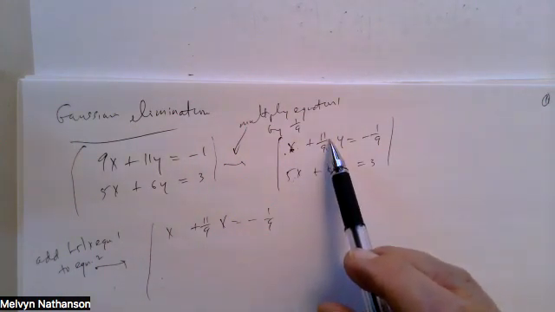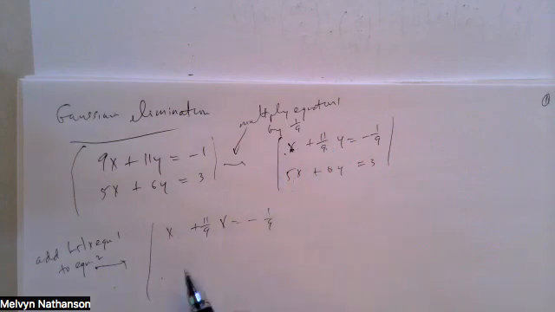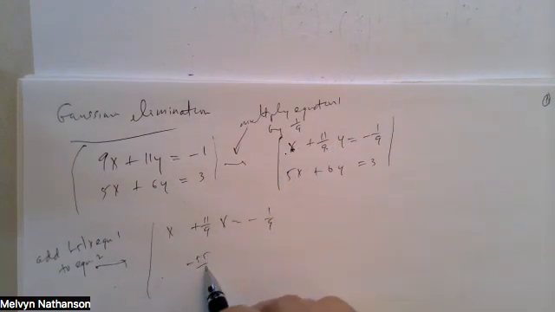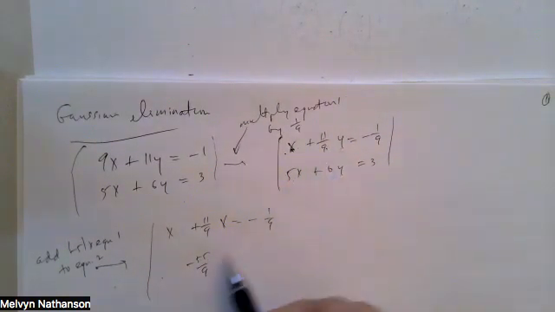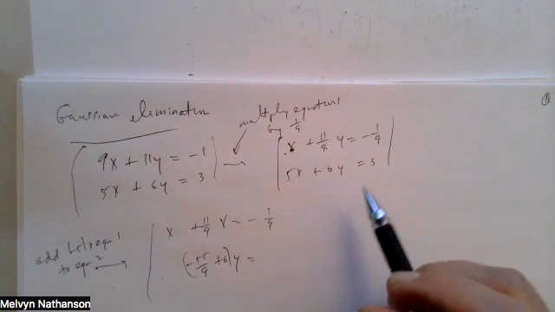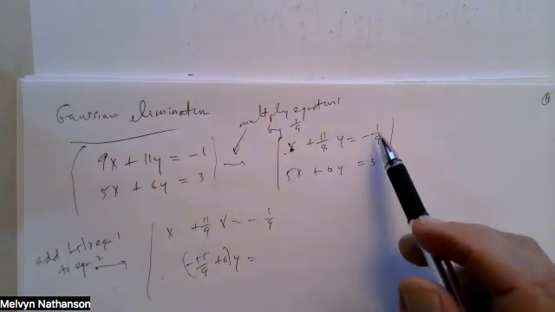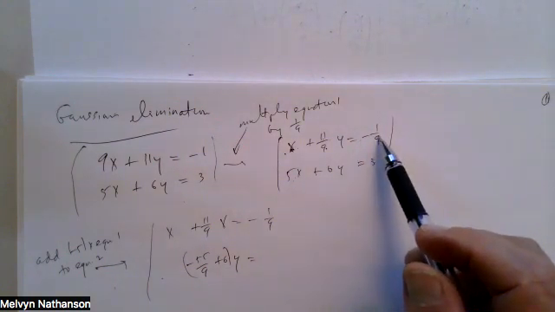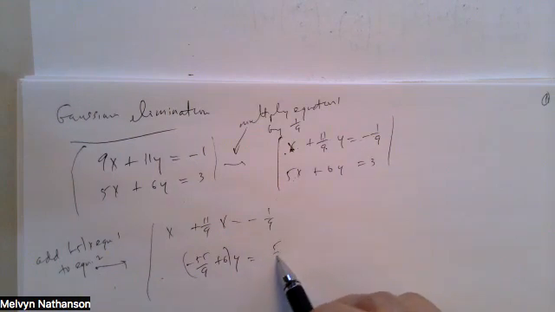Minus 5 times 11 over 9y, that's minus 55 over 9y, plus 6y equals, let's see, I'm multiplying by minus 5. Minus 5 times minus a ninth is 5 ninths plus 3.